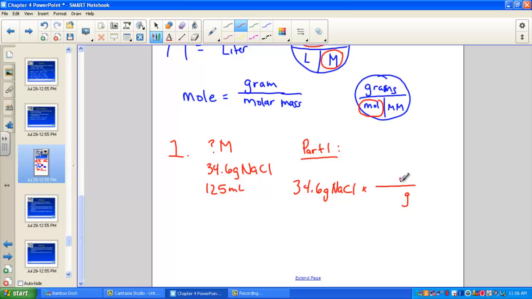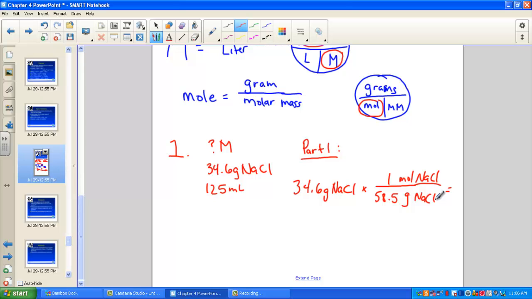I want gram to cancel, and I want to go into the mole. I know that 1 mole of sodium chloride, I'm going to add a 23 plus 35.5, which is 58.5 grams for the formula weight of sodium chloride. Hit that with me on your calculator. We'll take 34.6 and divide 58.5.